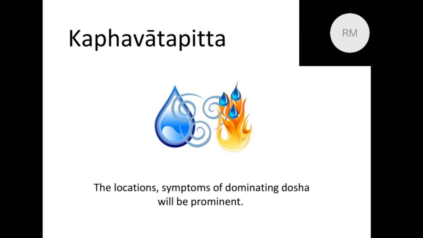No, you see, the upper respiratory system. It's very similar to influenza. The lungs are affected. So you will usually see a Vātakapha symptom. So I want you to tell me now whether it is Vātakapha or Kaphavāta.